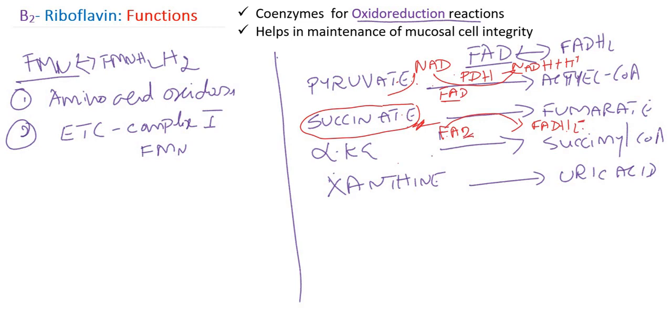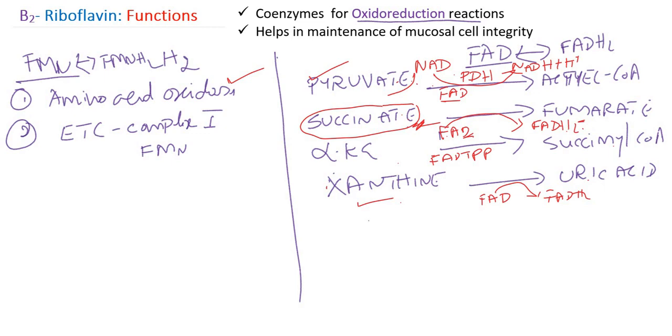Even alpha ketoglutarate to succinyl CoA requires thiamine pyrophosphate as well as FAD. Xanthine in nucleic acid metabolism will be converted to uric acid, and this reaction also requires FAD, which will be converted to FADH2. So in other words, riboflavin plays a very important role in protein metabolism, carbohydrate metabolism, nucleic acid metabolism, as well as lipid metabolism.